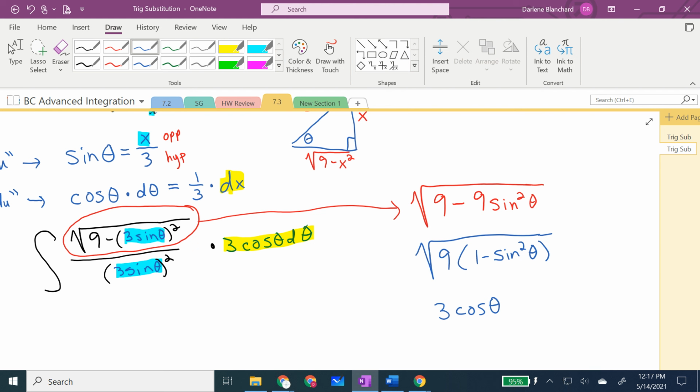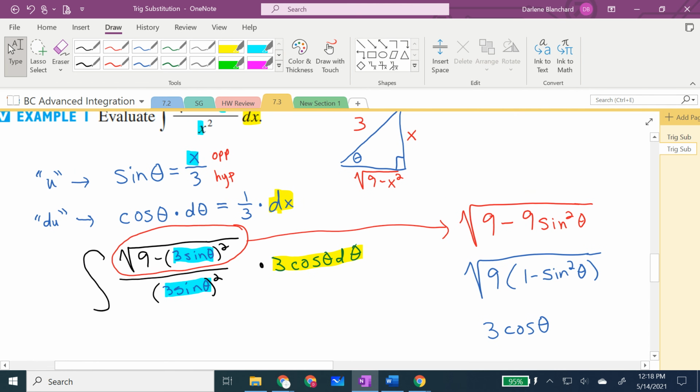It's just 3 cosine theta. Right. And people think differently. Some people prefer this minimalist technique. Other people prefer to look at the triangle and see some shortcuts based on that triangle. And it's up to you. Whatever works better for you, use it.